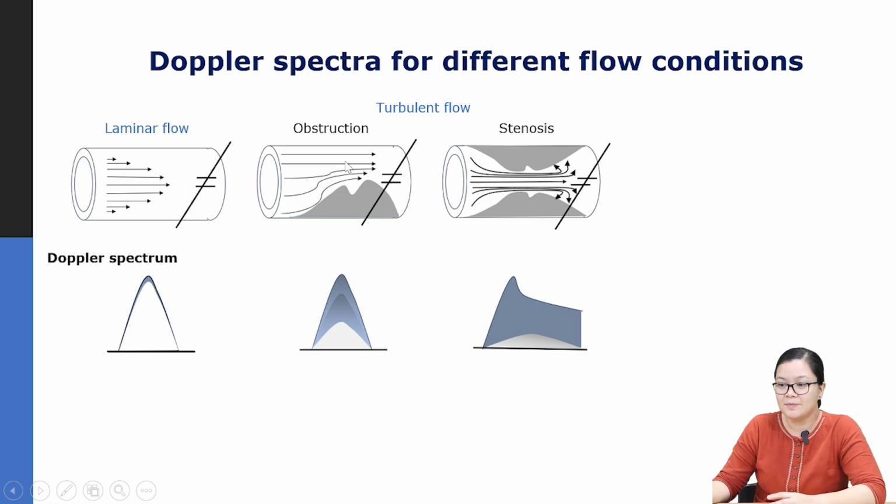If you have a turbulent flow, such as an obstruction or a stenosis right here, and you measure downstream of that obstruction or stenosis, then you can see a wide distribution of velocities, which can be seen like right here and right here. And this is as a function of time. So this is how clinicians use the Doppler spectra to gauge the health of a vessel. It depends on the spectrum profile and how wide the distribution of the velocities are.